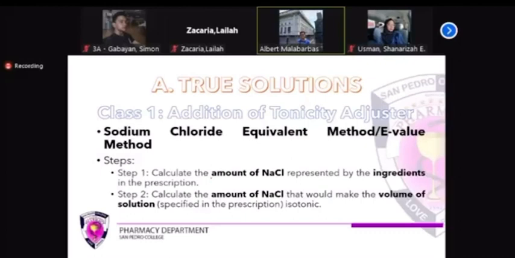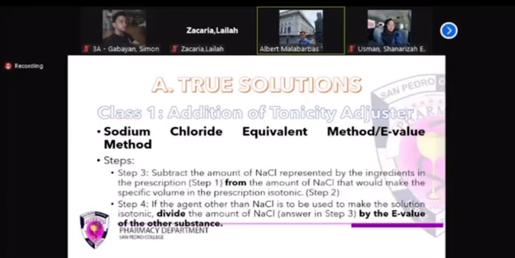So actually, this type of method is usually done in 3 to 4 steps. So ang step 1, you need to calculate the amount of sodium chloride represented by the ingredients. Second step, you need to calculate the amount of sodium chloride that would make the volume of the solution isotonic. Step 3, and then step 4.